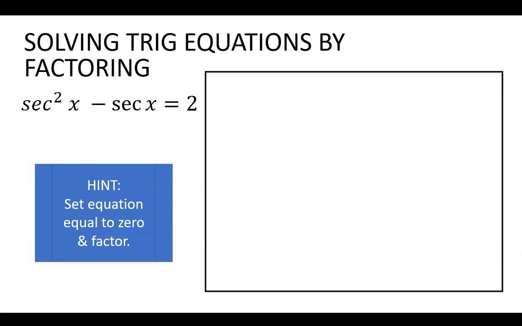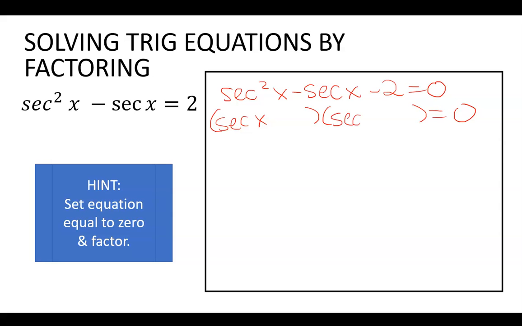Okay, I can't solve this one because it's not set equal to 0. So I'm going to pull my 2 over and write a quadratic equation. And you will see this one is solved by the AC method. My A is 1. So I put my parentheses and factor it.